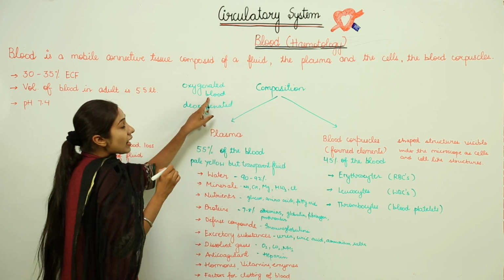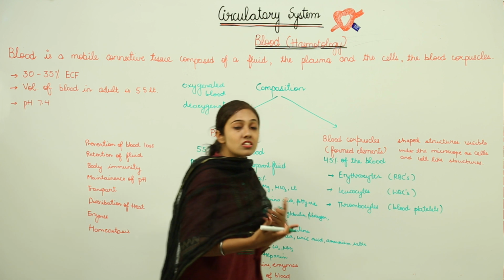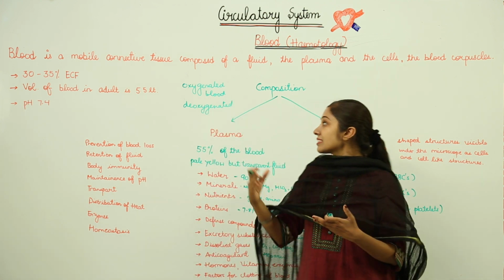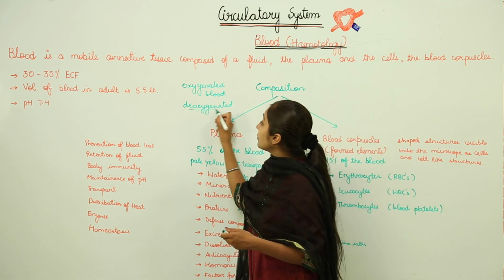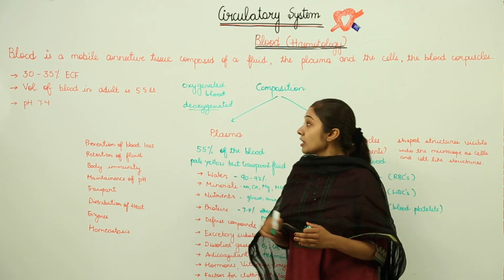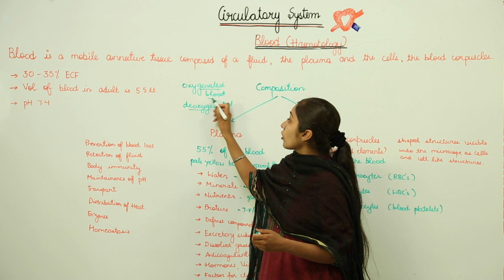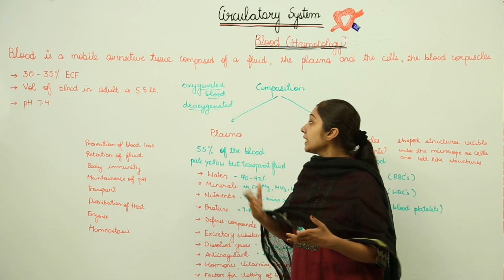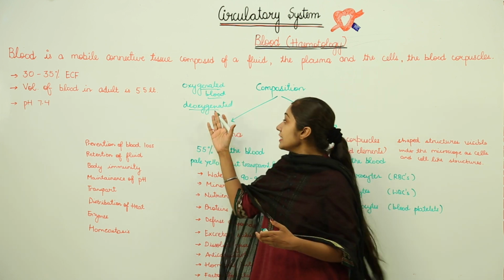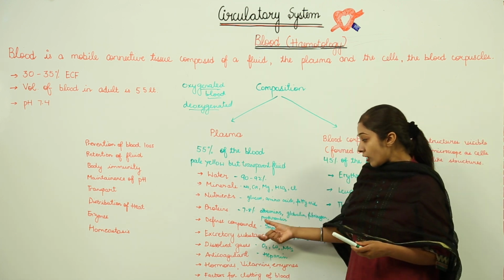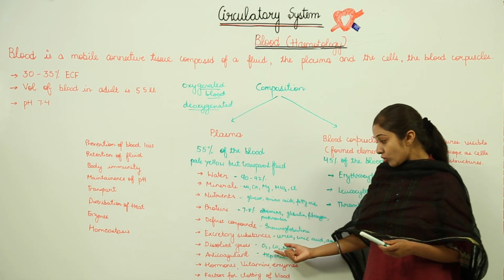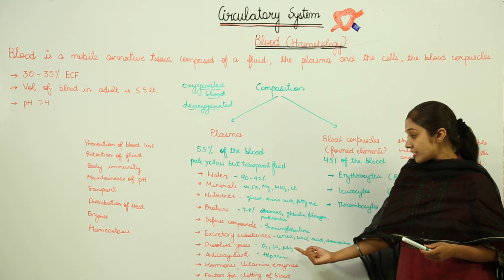So oxygenated blood means the blood that is rich in oxygen, and deoxygenated means the blood that is deficient in oxygen. So it is deeper red in color, dark red in color. So we have bright red colored oxygenated blood, and normally dark red colored deoxygenated blood, right? So we have now the dissolved gases. I told you oxygen, carbon dioxide, and ammonia.